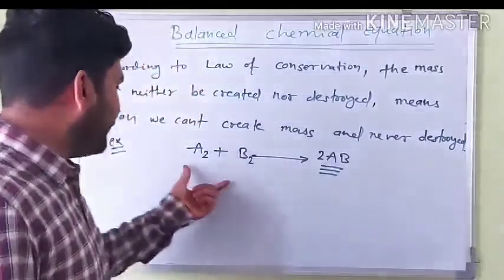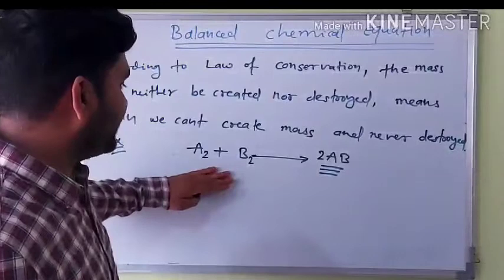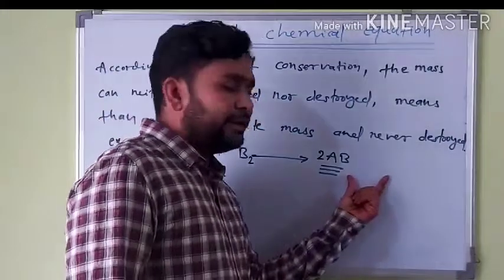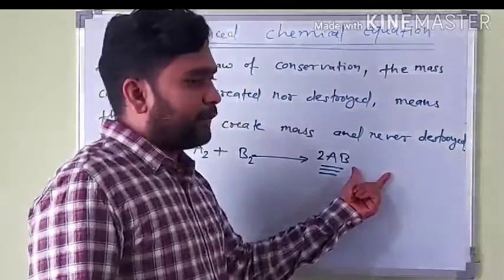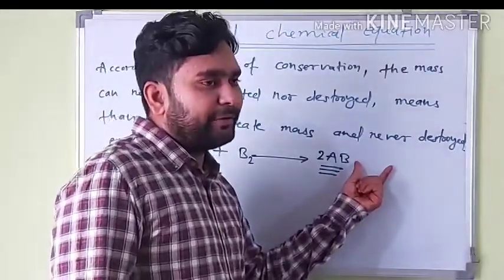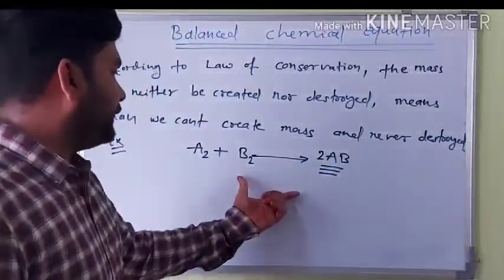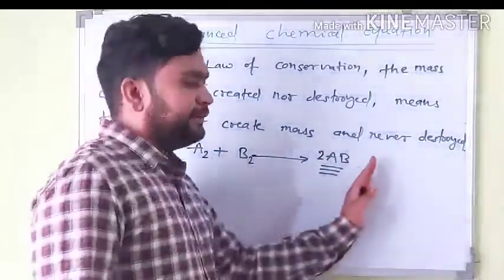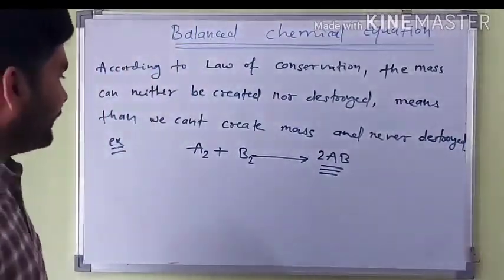The elements of substances on the left hand side are always equal on the right hand side, in the form of compounds, elements, or anything, will always be equal on both sides. So this is the balanced chemical equation.